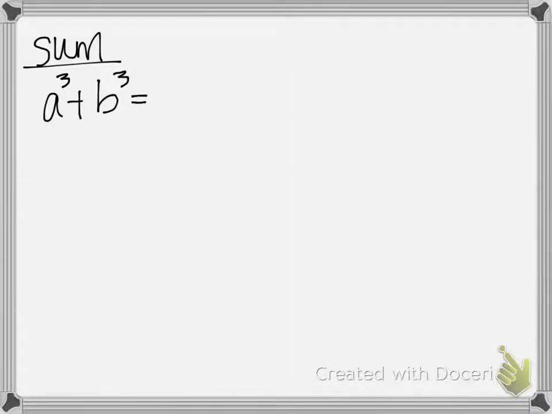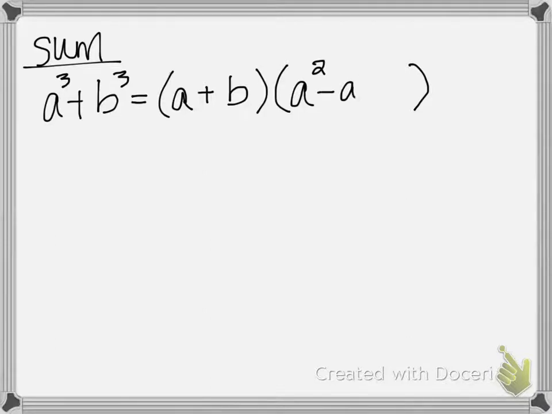How does that break down factoring? Well, it's what's being cubed in your first term, which would be A, plus what's being cubed in your second term, which would be B, and then it's followed by a trinomial. We take what's being cubed in our first term and square it, so A squared. Then we multiply what's being cubed in the first term and the second term, and we subtract that, and then we add the square of what's being cubed in the second term, so B squared.